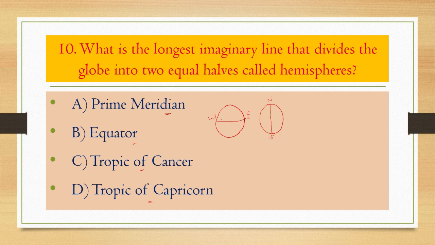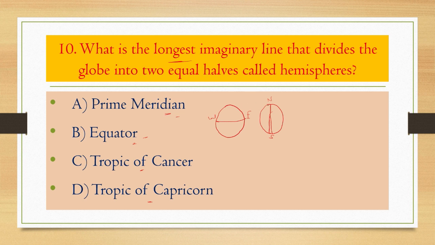This middle line divides the earth into two equal halves, and this line also divides the earth into equal halves. But what is the answer here? Equator and prime meridian both look correct. But you must think about the question. The question is: longest imaginary line.